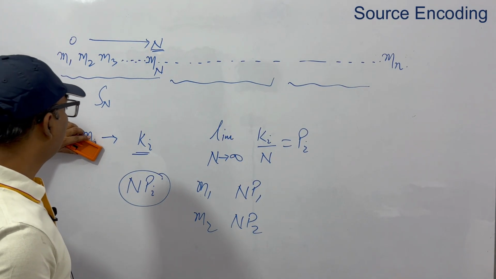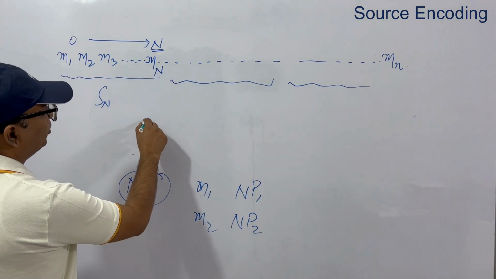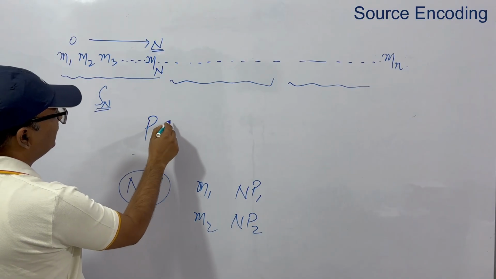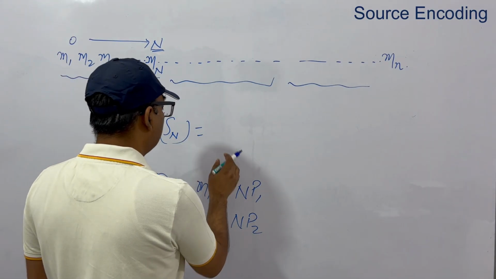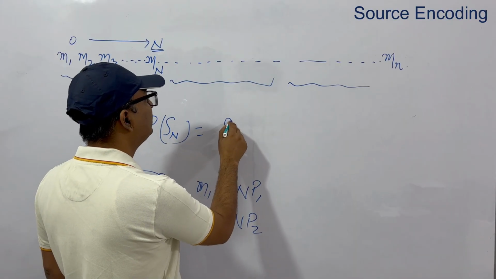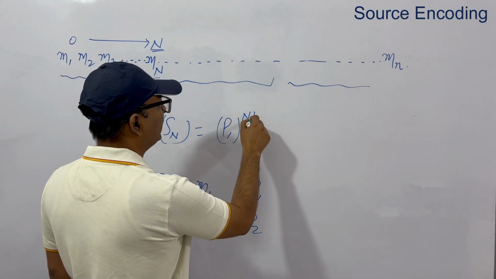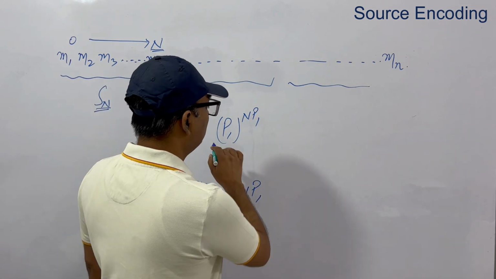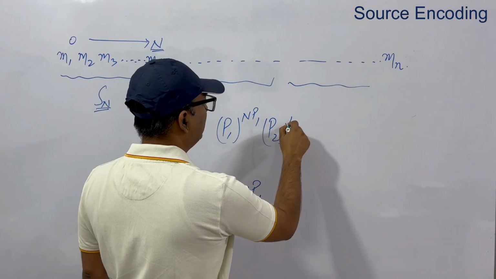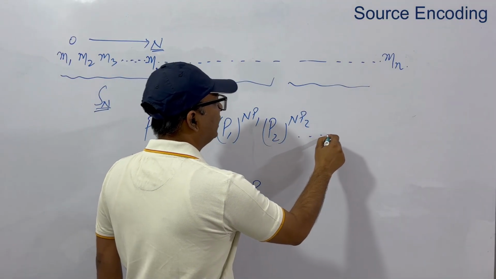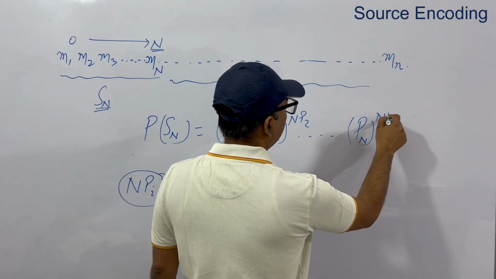And so we can say that the probability associated with this sequence is how we take probability. We take probability as p1 associated with the first one to the power np1, because this is repeating for this much number of times, then p2 to the power np2, up to pn to the power npn.